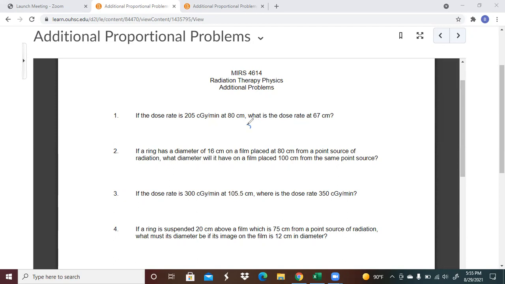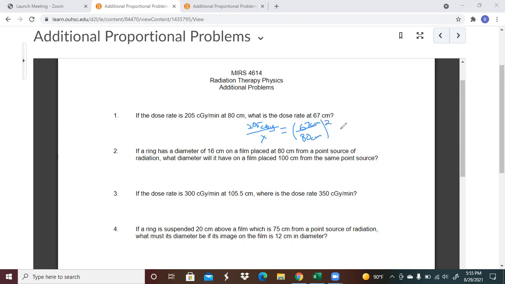So we've got 205 centigrade. We don't know what the dose rate is at the other, but we know this is at 80 cm, and we're looking at it for 67.